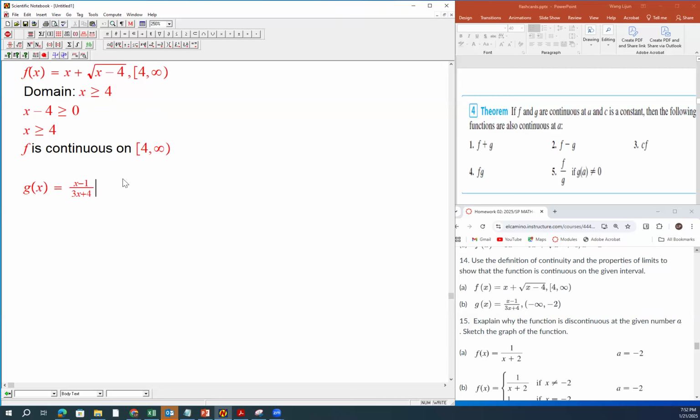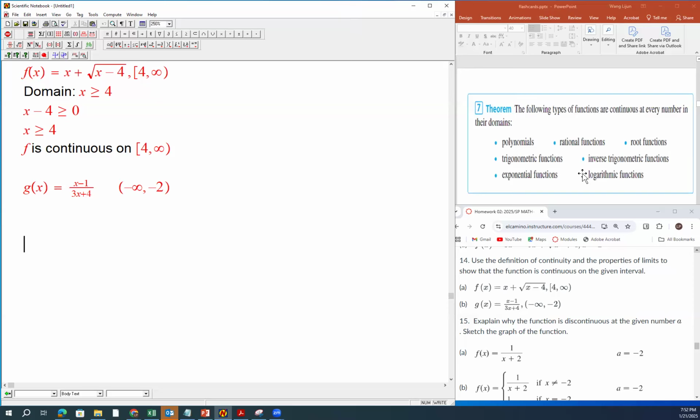The interval of interest is from negative infinity to -2. Once again, we're going to use these properties. We got a rational function. A rational function is continuous in its domain. So let's look at the domain of G.